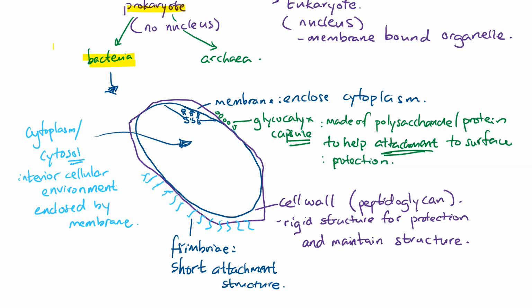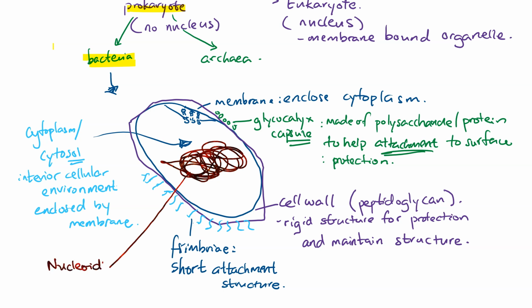Right at the center, in the region of cytoplasm, we have the nucleoid, which is basically the main chromosome of the bacterial DNA. Nucleoid is the region where the cell's DNA is located.